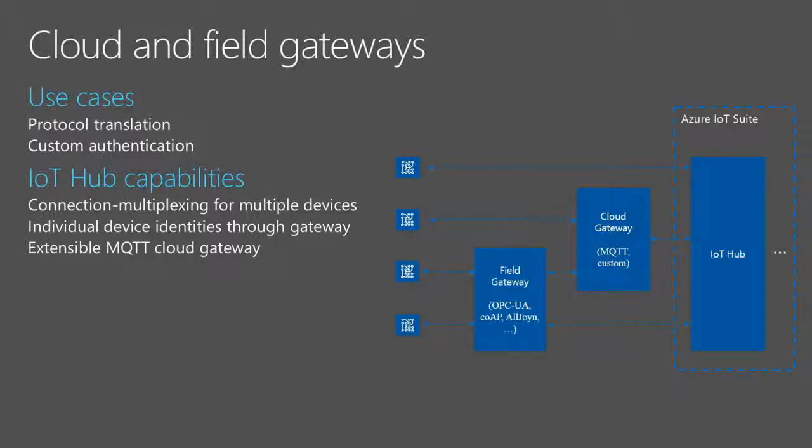In order to do so, we support many ways to make the life of the gateway programmer easier. First is, of course, connection multiplexing. Your gateway can connect on behalf of devices, which means that IoT Hub maintains the same level of fine-grained control over the end device identities and still allows you to aggregate them, to do protocol translation, and to do custom authentication on all of them in a gateway.